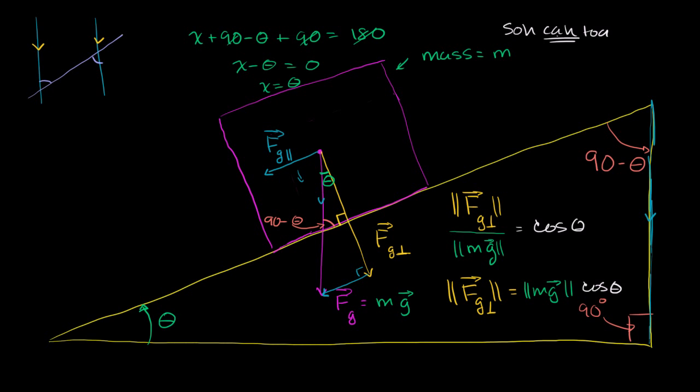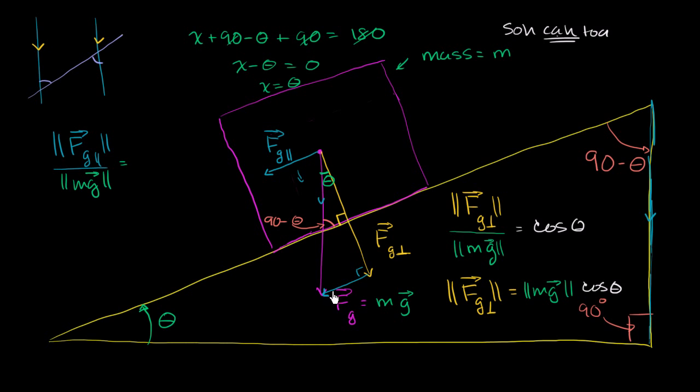And then this second thing, we can use the same logic. If we think about the parallel vector right over here, the magnitude of the component of the force due to gravity that is parallel to the plane, over the magnitude of the force due to gravity, which is the magnitude of mg, that is going to be equal to what?